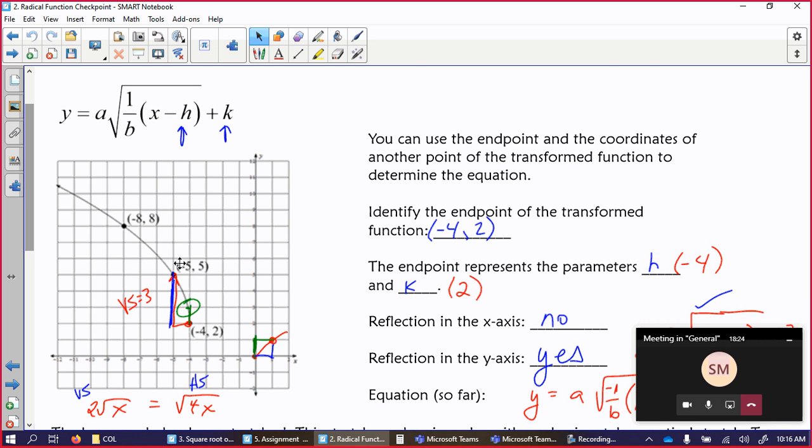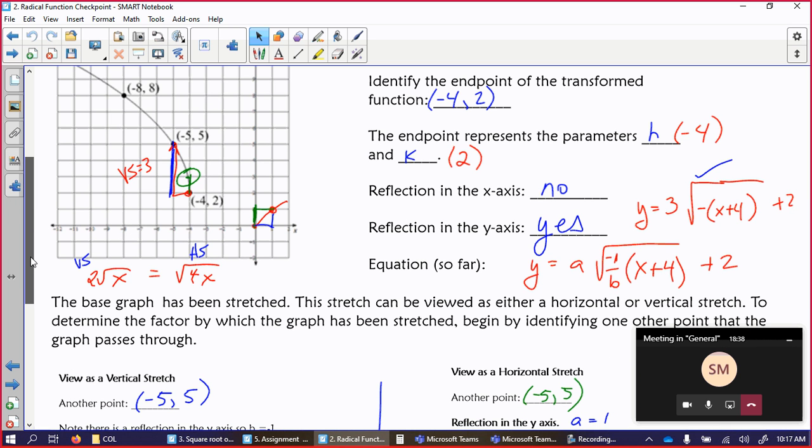So we looked at how to write an equation. The h and the k are just that endpoint at the end. You have to figure out the normal function goes this way, so there was a reflection in the y. So we built this part, and then you can look at the idea of over one, up something.